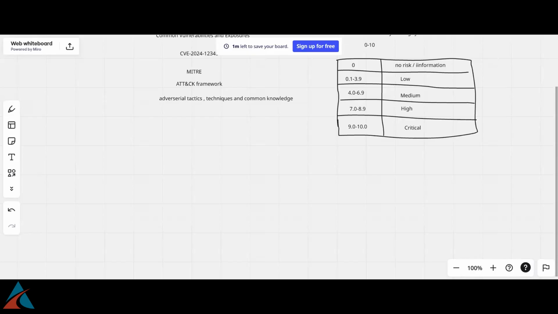Usually, what we do, I'm telling you from my experience, we had 80,000 plus assets in our project. And all these assets had vulnerabilities on them.